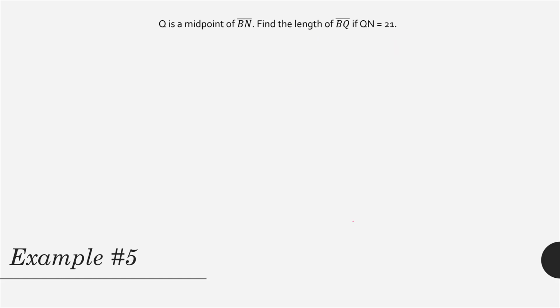Okay, now we're given problems where we need to draw the diagrams. You will often need to draw these diagrams on your own. Okay. So let's look here. Q is a midpoint of BN, of that segment. So the segment is BN.